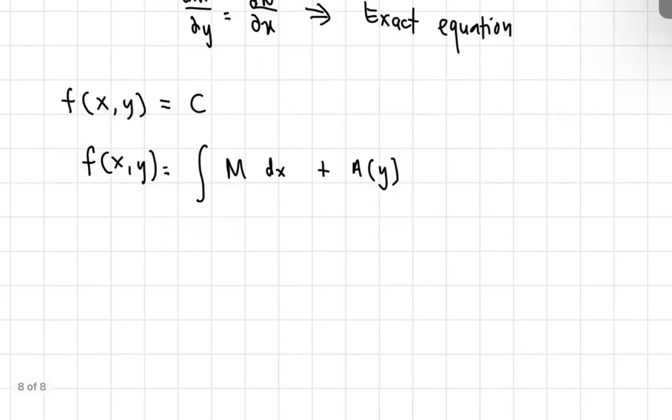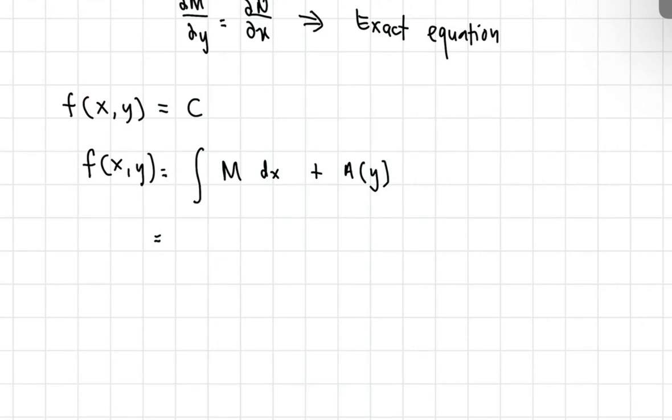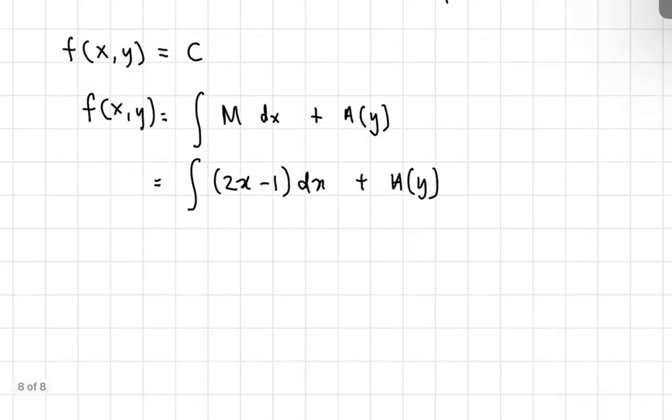So what is our function M? M is 2x minus 1. So the integral of 2x minus 1 dx plus A(y). When we are integrating with respect to x, every variable other than x is a constant.